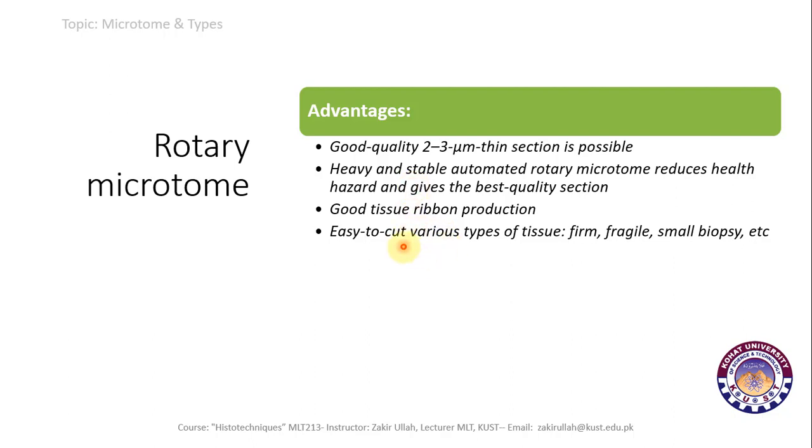It is used to easily cut various types of tissue, firm tissue, fragile tissue, small biopsy, large biopsy or other related types of biopsy. So this semi-automated rotary microtome is used to cut various types.